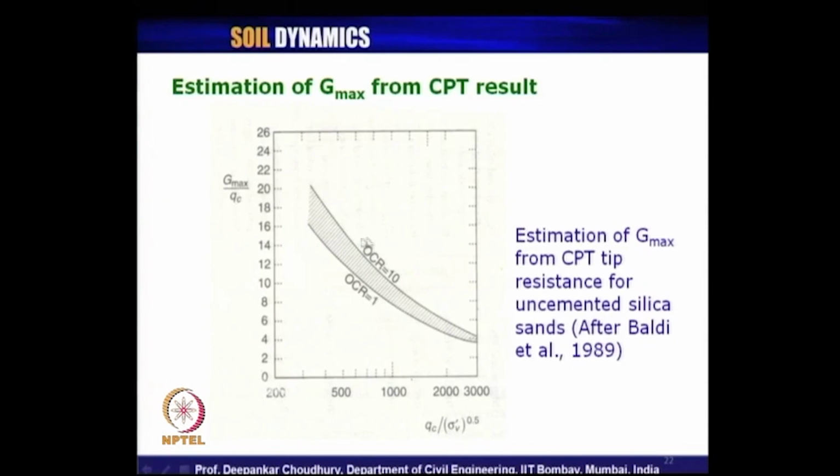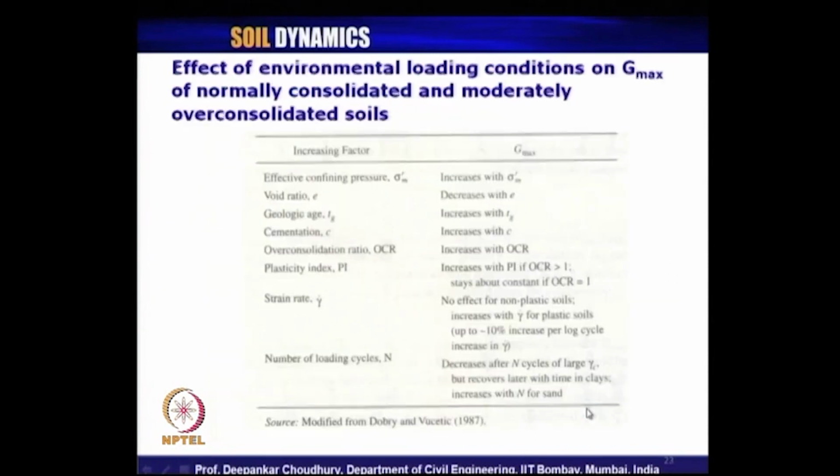So, the typical variation for different OCR levels is like this. They have proposed for uncemented silica sand, these are the trends of the results, that is with increase in over consolidation ratio for a soil, the Gmax value will increase. That is what they have shown through the experimental results.